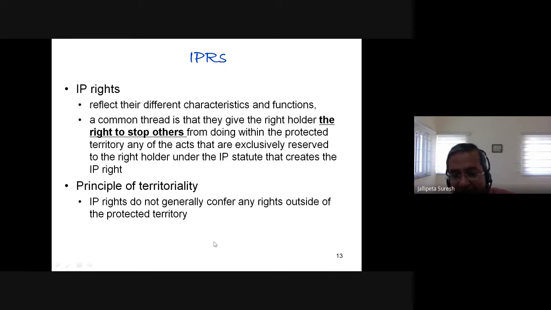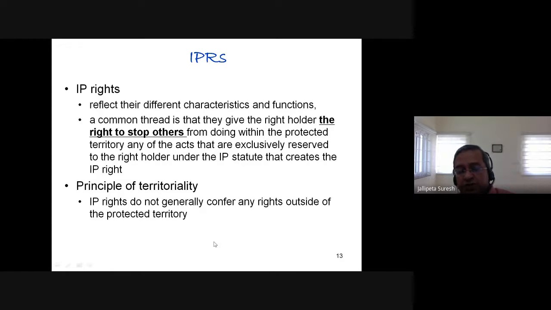But nevertheless, you can prevent others from making and using it. So that is the fine distinction here. You have the ownership. You may not have the right to make, use and sell, but nevertheless, you can prevent others from making and using it. So that is the fundamental concept of exclusivity.